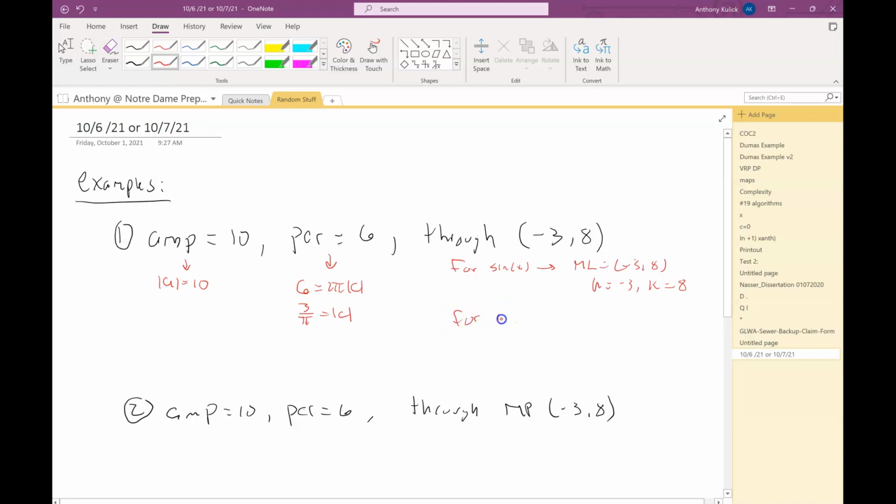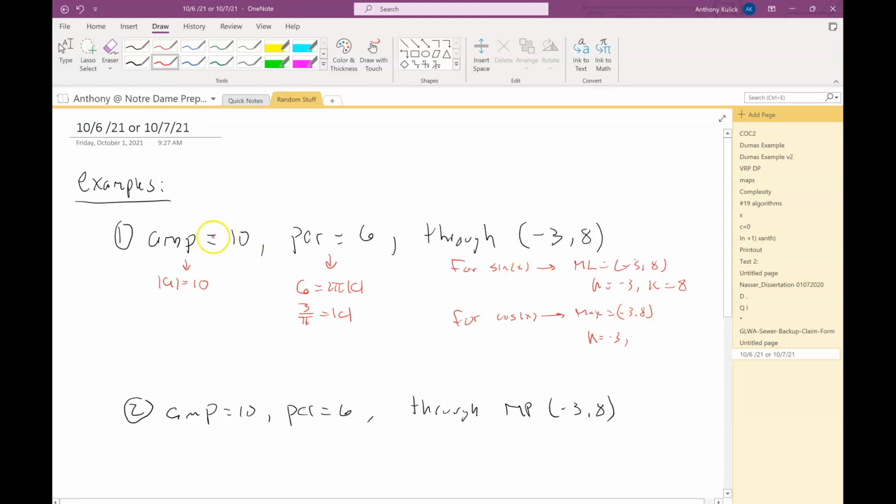For a cosine function, I'm going to either choose that to be a maximum or a minimum. Let's say I pick that to be a maximum. So immediately that gives me my h, and then my k has to be halfway in between the maximum and minimum.